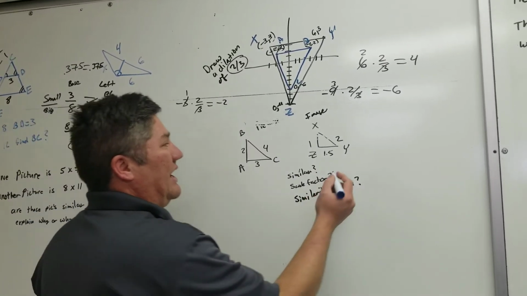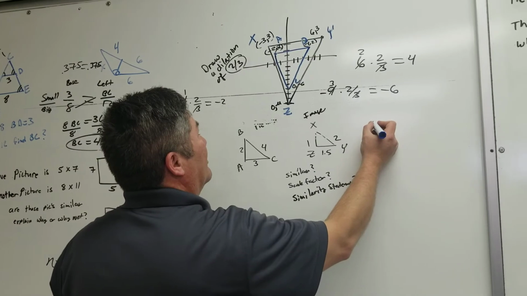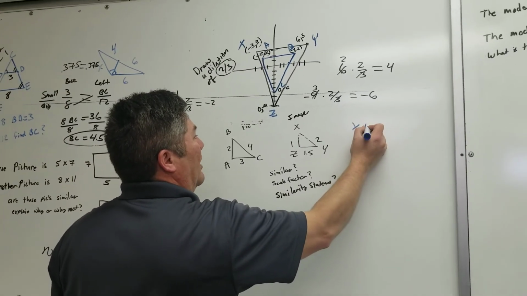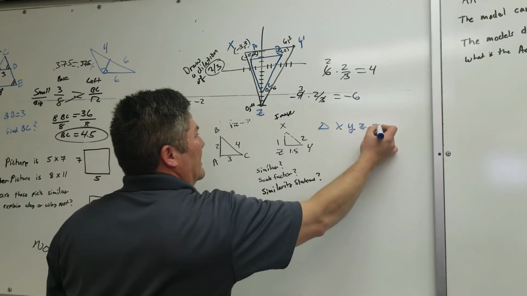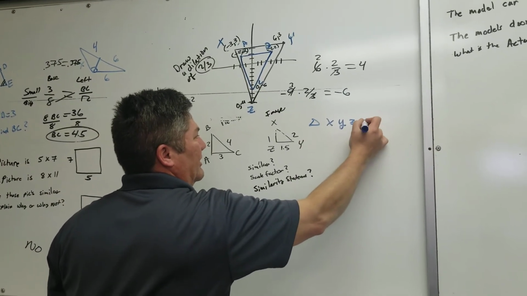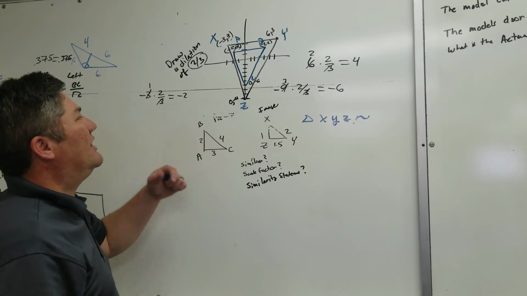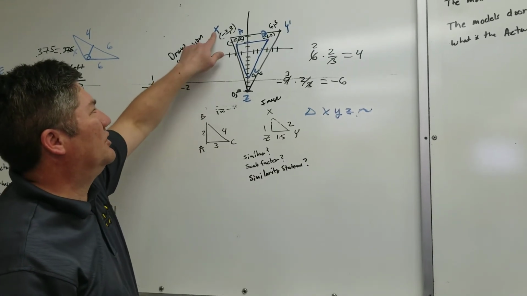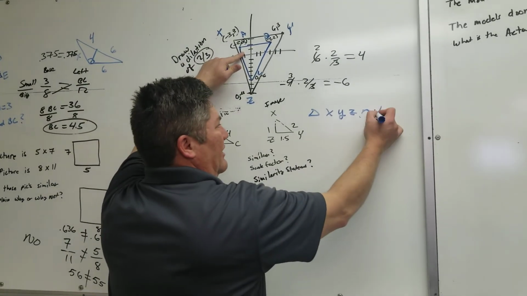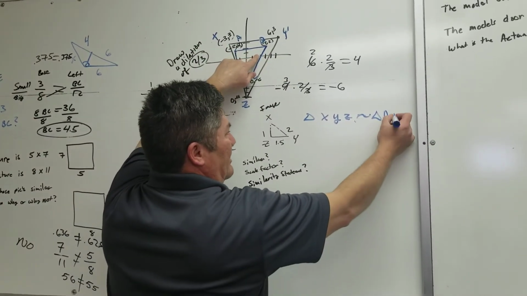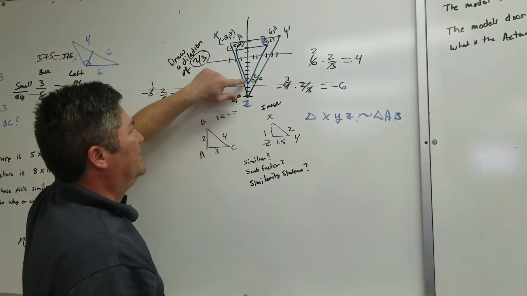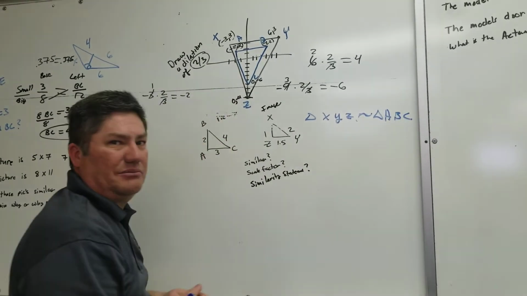So my similarity statement would be triangle X, Y, Z is similar to, and then you have to think of the corresponding parts. So what corresponded to X? A. What corresponded to Y? B. And what corresponded to Z? C. Very simple to do.